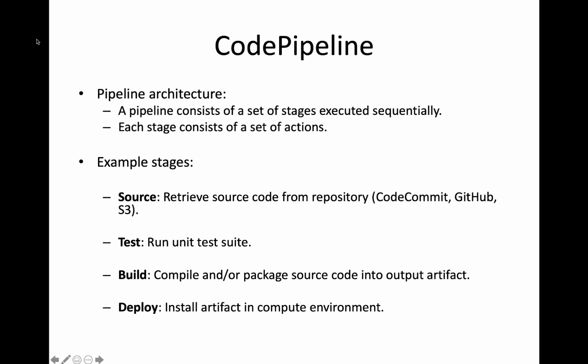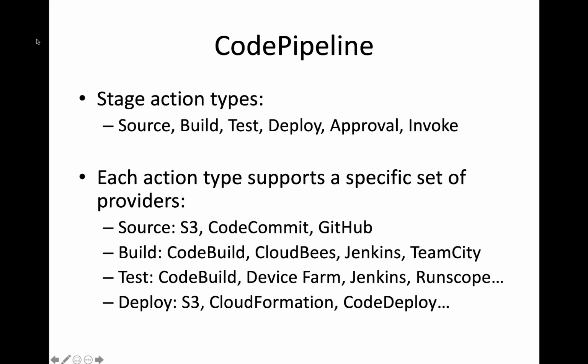It's a way of integrating all of those services together so you can define different stages, and each stage might use a different service. The source stage might use CodeCommit. The test and build stages could use CodeBuild, and the deployment stage could use CodeDeploy.